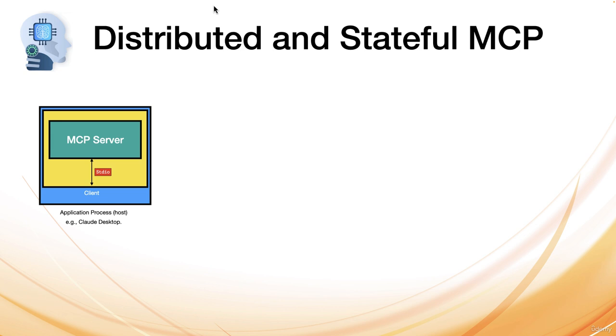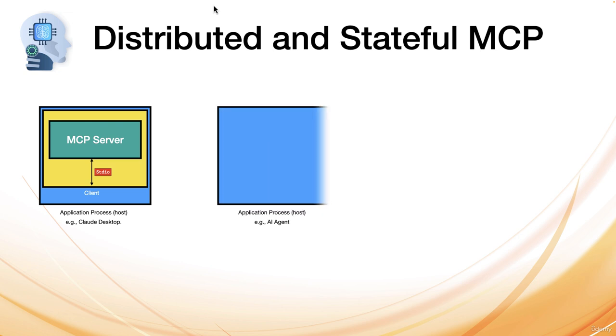In reality, the MCP server and MCP client are on two different computers or machines, probably even in two different parts of the world. In that case, the standard IO protocol is not useful for us. If the MCP server and MCP client are on two different computers, then you will need to use a protocol called streamable HTTP. In this architecture, you have an application, and this application is normally an AI agent.